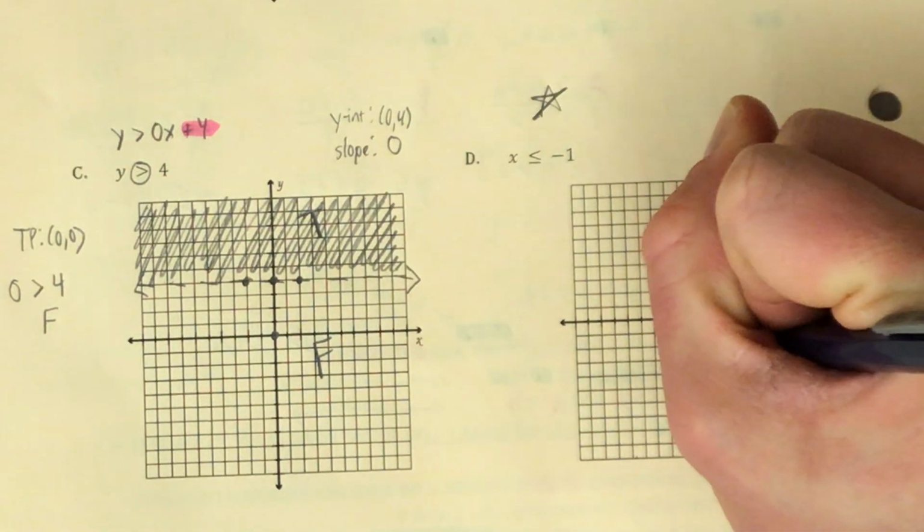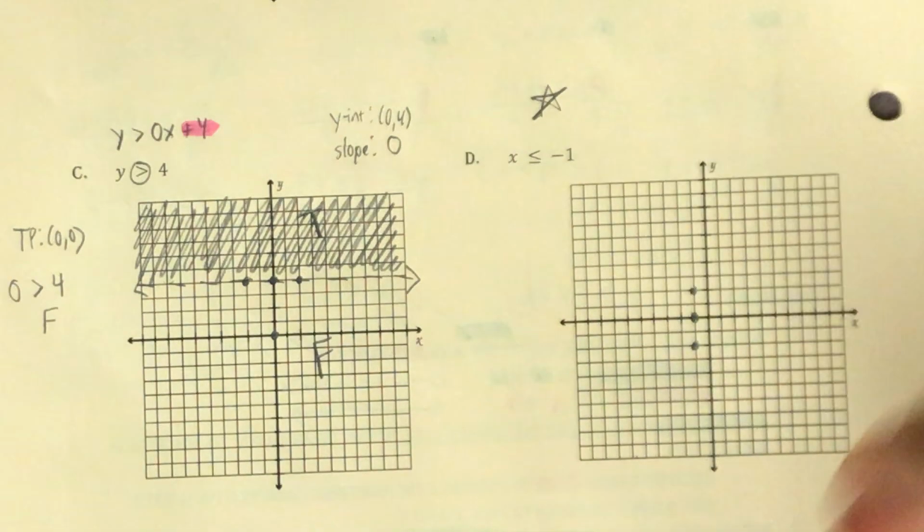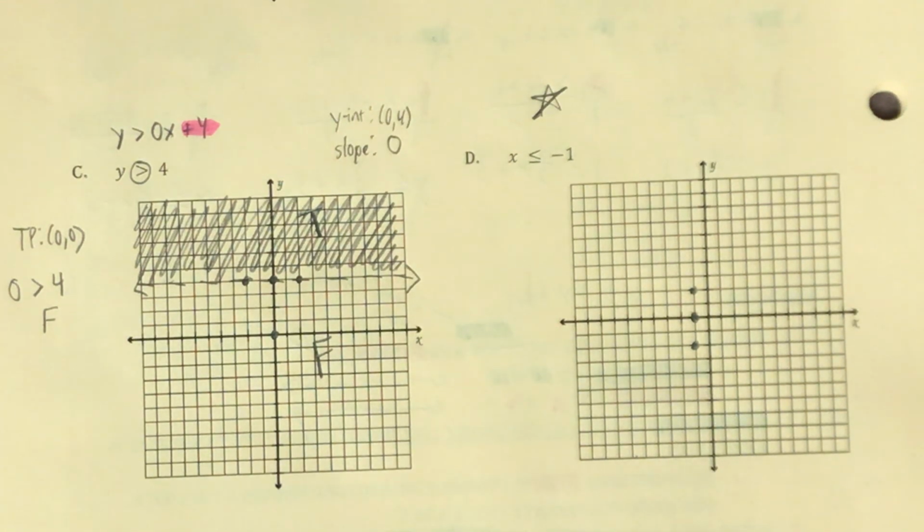So I'm going to put a point above and a point below, because it's going to be a perfect vertical line. Because remember, with these, we can't find a y-intercept because they don't have one, and we can't find the slope because it doesn't have a slope. It's an undefined slope because the x is not in its normal place and there is no y. We can't use our normal method, so it's one of those ones we just have to remember.